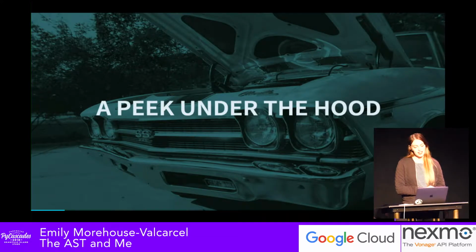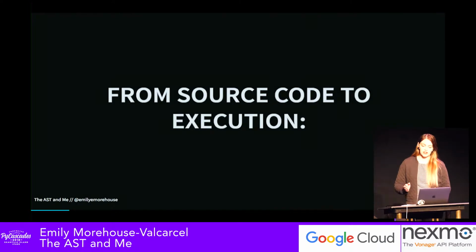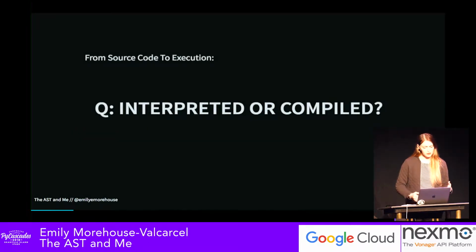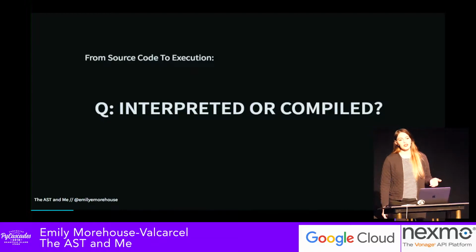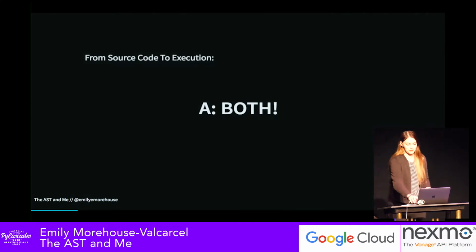So let's take a quick peek under the hood of Python. We'll start our journey from source code to execution to try to build an understanding of the broad steps that it takes to compile a piece of Python code. So the first question is, is Python interpreted or compiled? Yes, and that is the exact right answer. It is both.